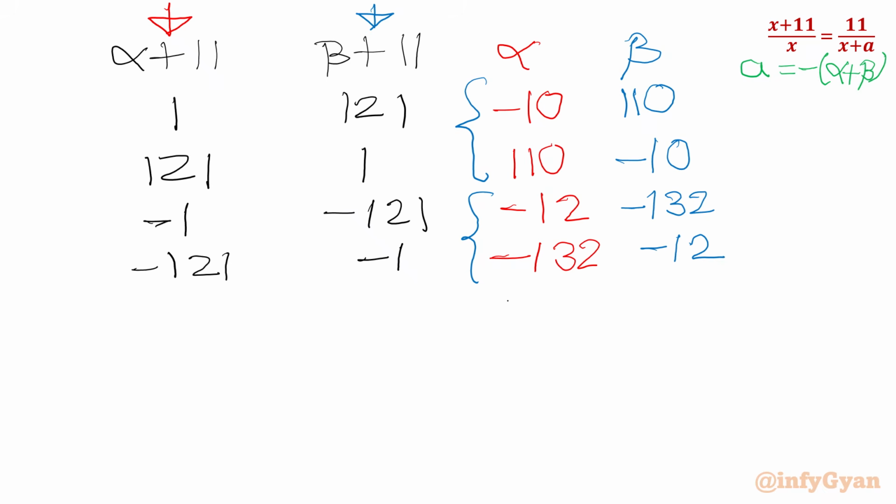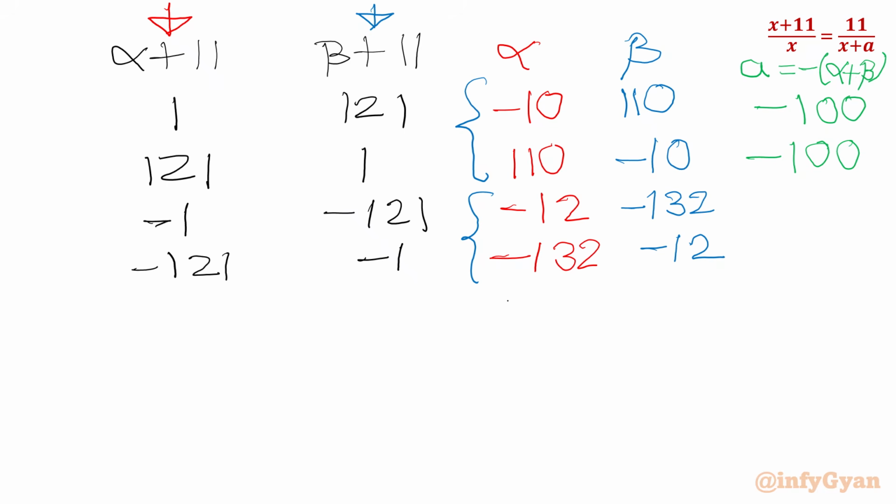Now we have to add alpha and beta and put negative sign before it. So 110 plus minus 10 is 100. Then we have to put minus sign. So we will get a equal to minus 100. Here also we'll get the same result, minus 100.